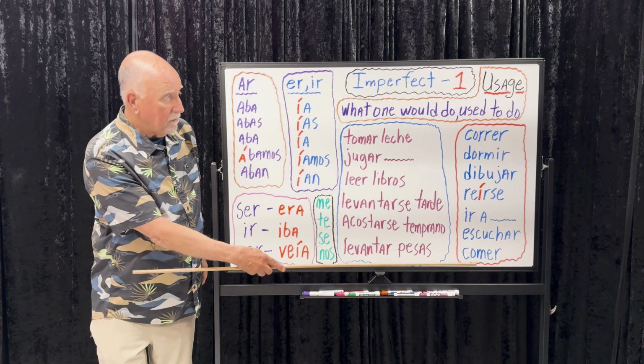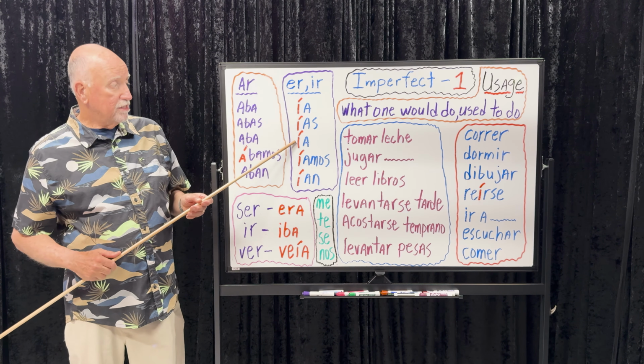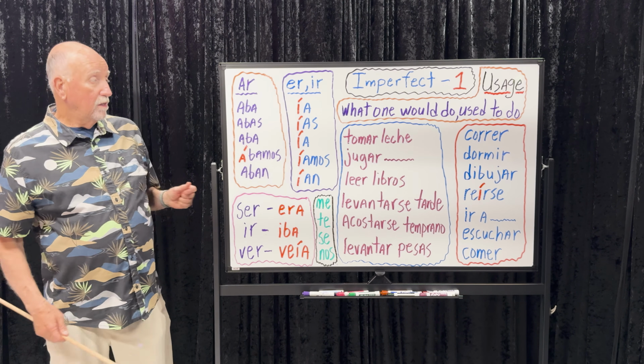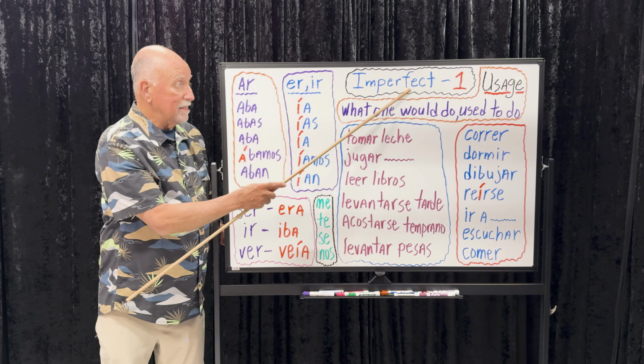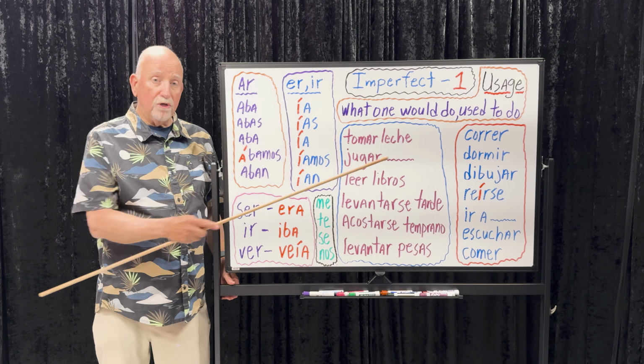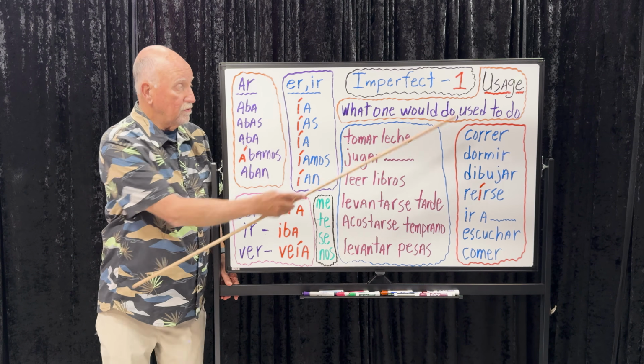And finally, comer. We've done comer already, so I used to eat a lot, comía mucho. She used to eat very little, comía muy poco. Now we know a major usage of the past imperfect is to describe what you would do in the past all the time, or what you used to do in the past.